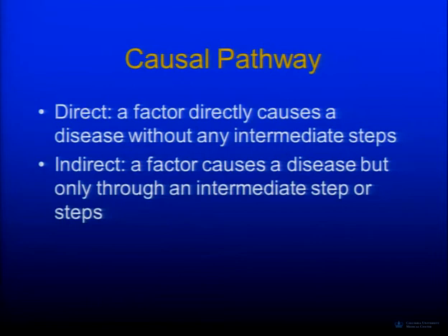When we also think about causality, we're thinking about, well, what's the pathway? Is it a direct association where you have a factor and it directly causes the disease and there's no intermediate steps? But you can also have an indirect association and have it still be causal, where a factor causes a disease, but only through an intermediate step or steps.